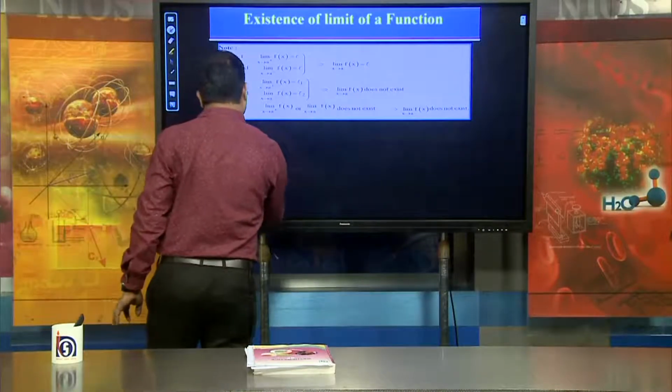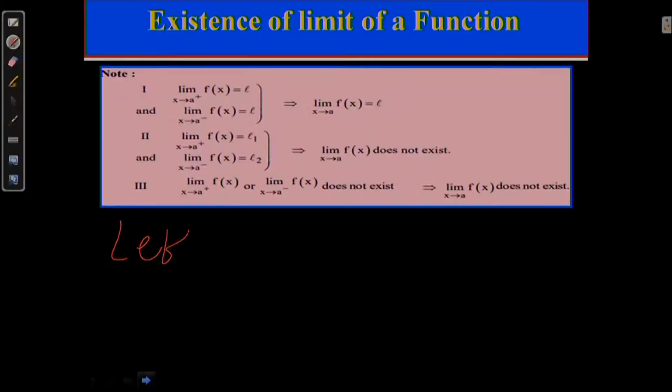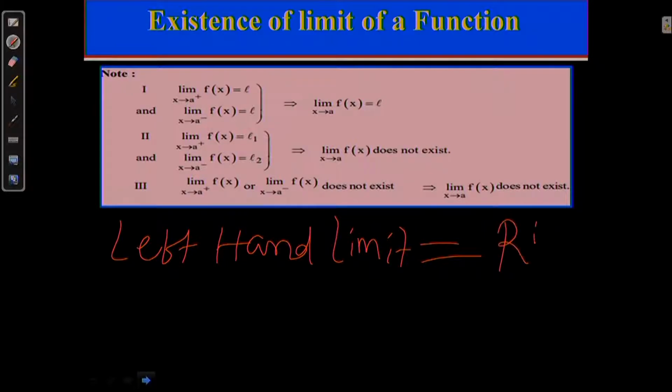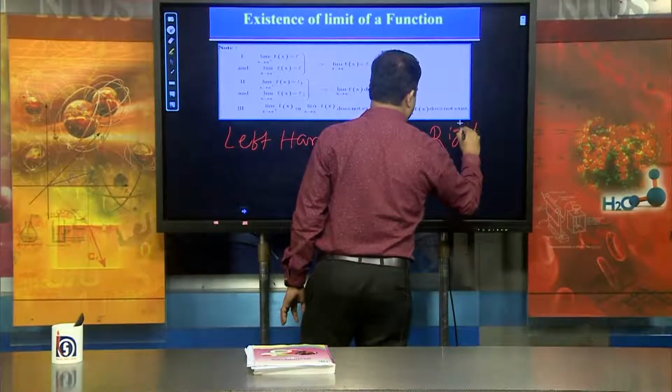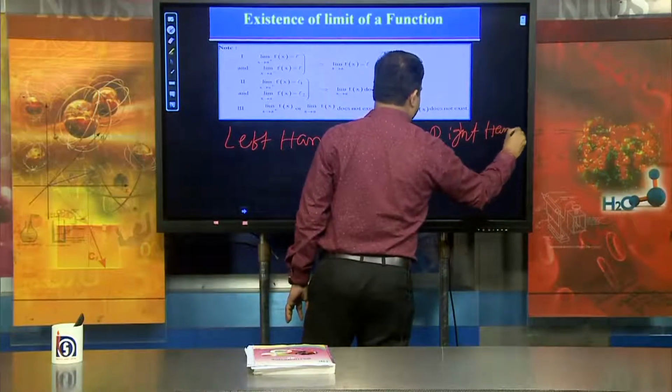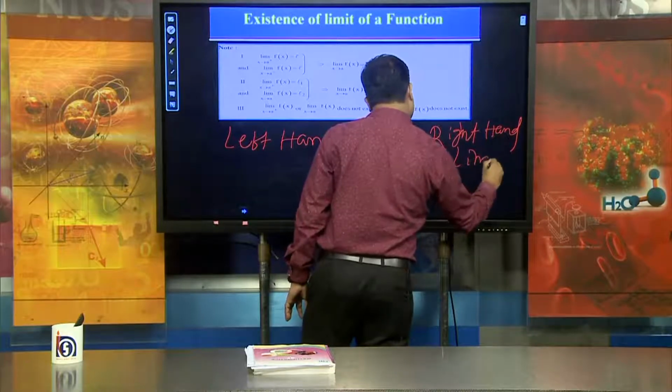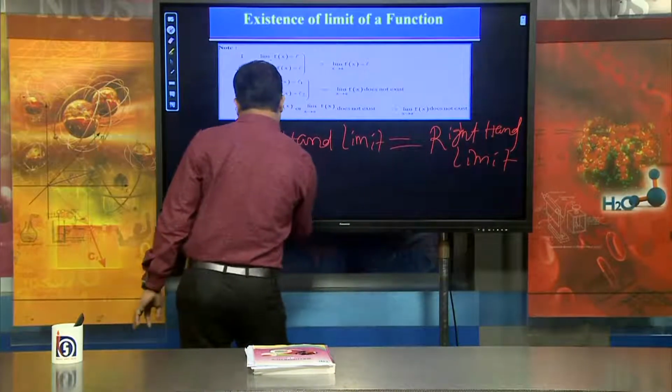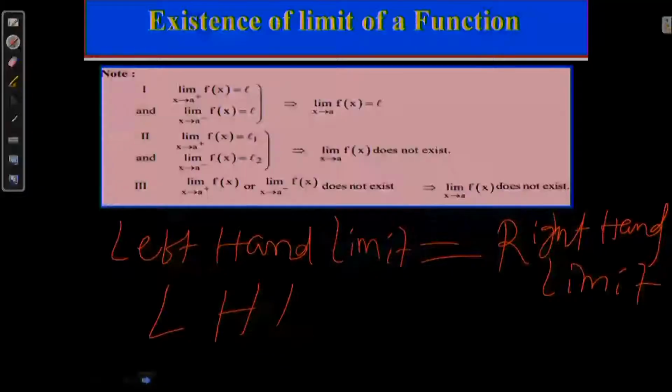Very simply, if the left hand limit is equal to right hand limit, that means LHL is equal to RHL.